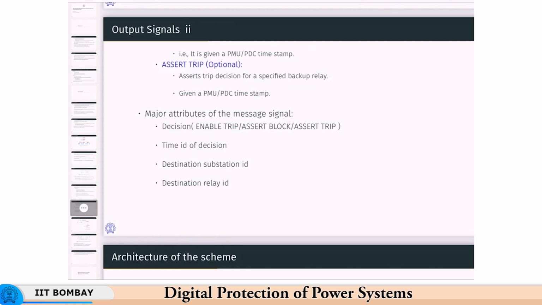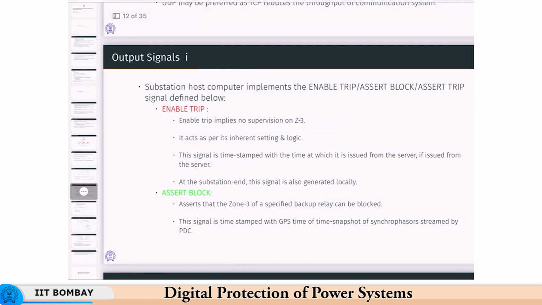So, for assert trip, these two are the heart of the thing, because enable trip will set it to the default setting, but assert block will block it in case there is no fault on the system.